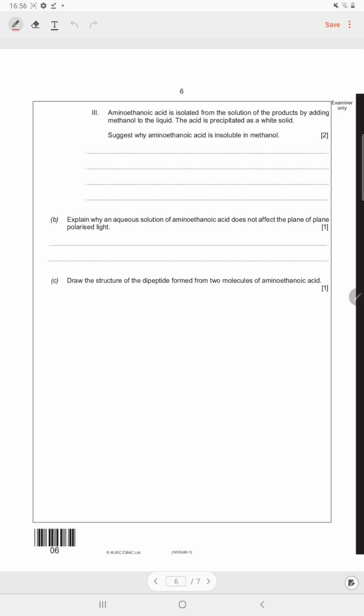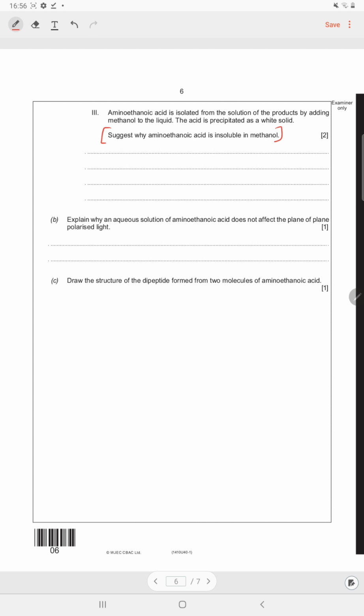Okay, aminoethanoic acid is isolated from the solution of the products by adding methanol, and the acid is precipitated as a white solid. So suggest why aminoethanoic acid is insoluble in methanol.